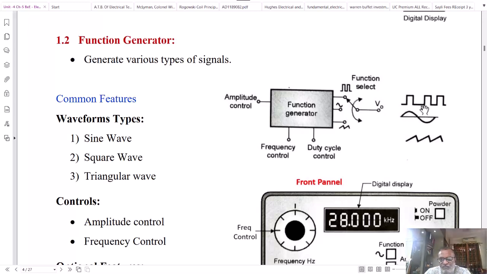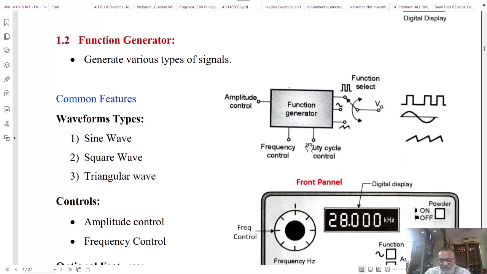So we are able to change the on period here, keeping the total time period constant. Whenever the on period is 50% of the total time period, then the duty cycle, T on by T, is 50%. When the on time is lesser than 50%, then the duty cycle is less than 50%.